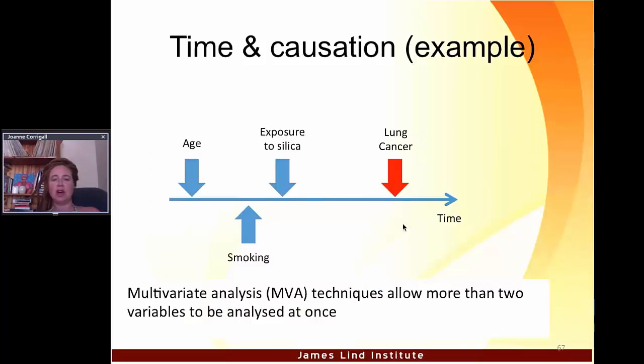Just an example to remind you: with lung cancer, some of the risk factors might be age, smoking, and exposure to dust. And we remember when we looked at asbestos and smoking, how asbestos interacted with smoking in such a way that each amplified the other one's effects, which we called effect modification. So multivariate analysis enables us to analyze more than two variables at once.